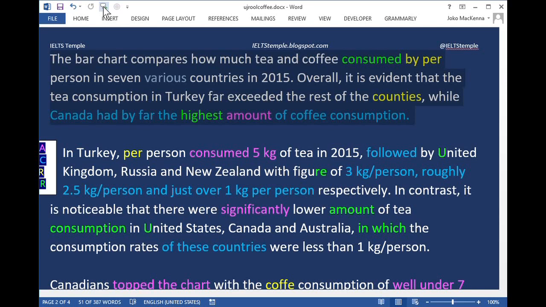Okay, so we have in 2015. One thing in these charts, you need to use the passive voice. Grammar mistake here is, okay, did the tea and coffee consume people? No, the tea and coffee was consumed. Passive voice. People consumed coffee. Coffee and tea was consumed.